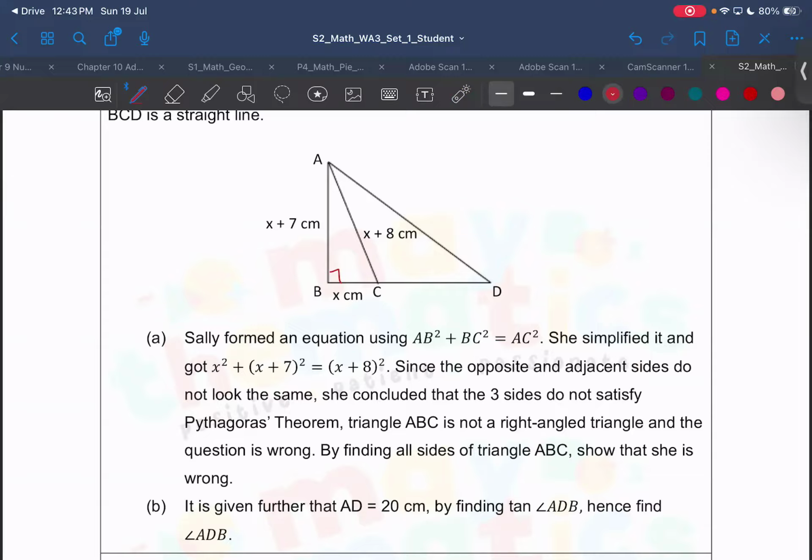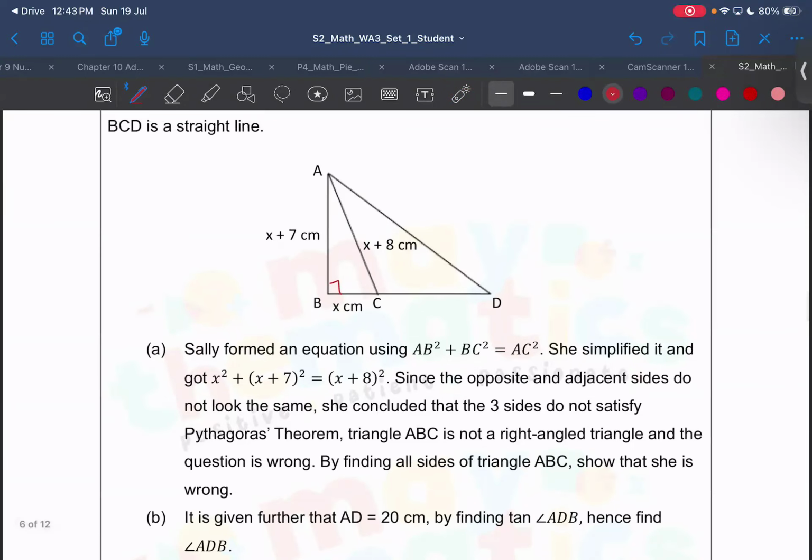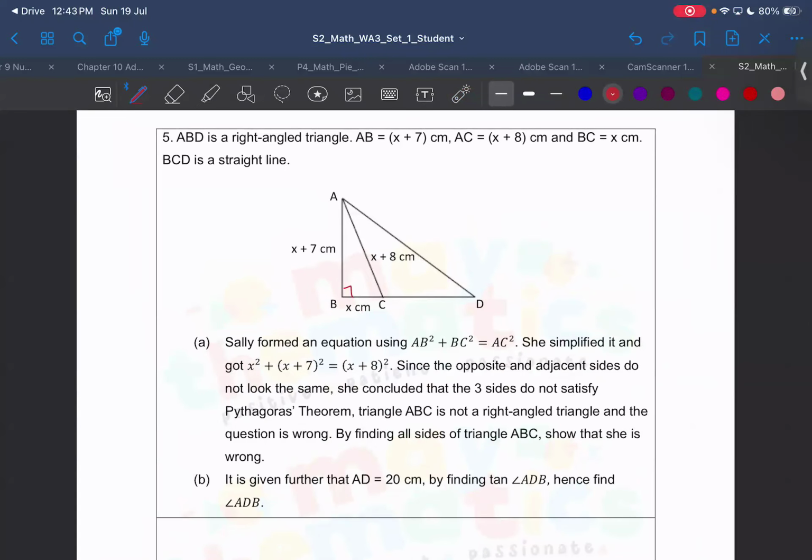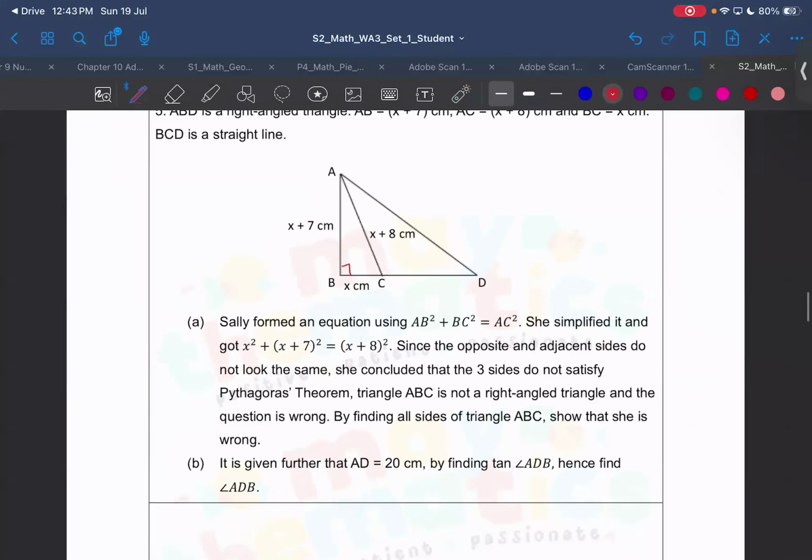Angle is still okay. Which angle are you looking for? You don't need the angle, it's the opposite and adjacent. For this one, it doesn't matter because they're not asking you to find the angle.